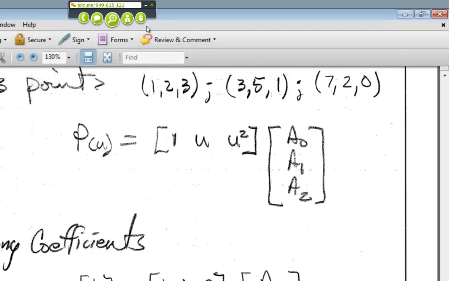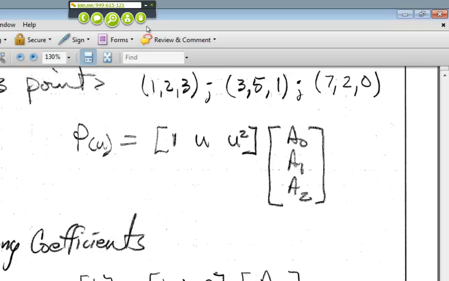So we're just doing X. So 1, 3, 7. For this number 1, what are the corresponding U's? Well, the corresponding U to our first point is U equals 0. We plug that into 1, u, u squared and we get 1, 0, 0.